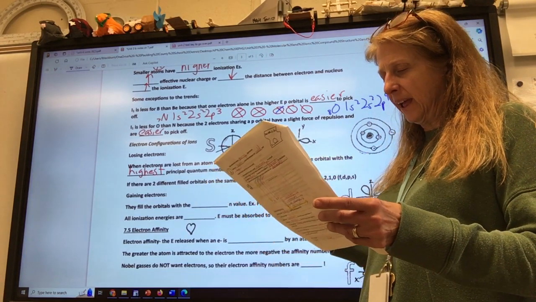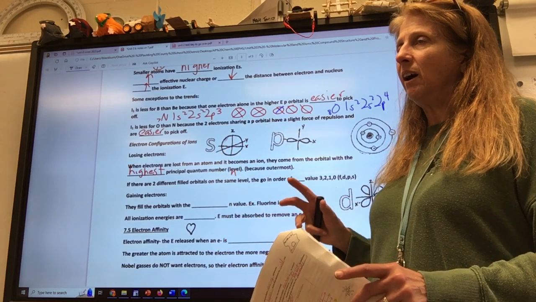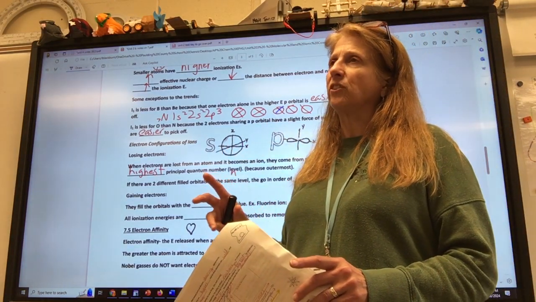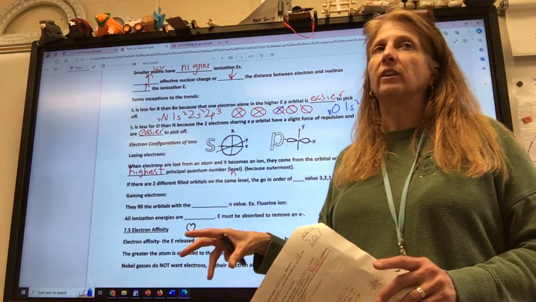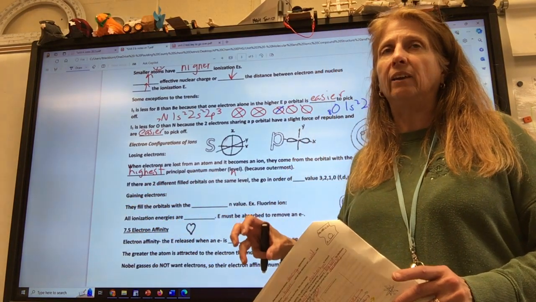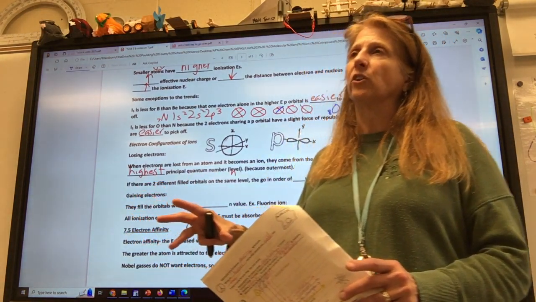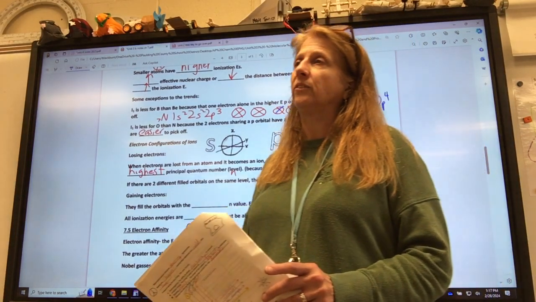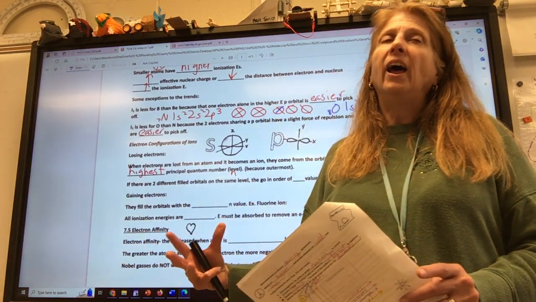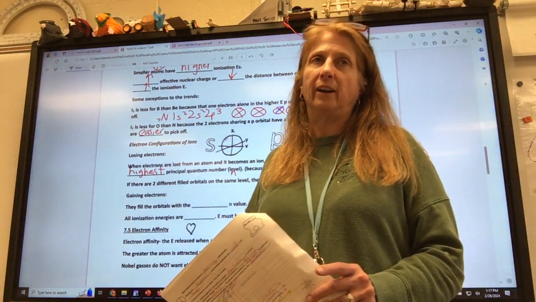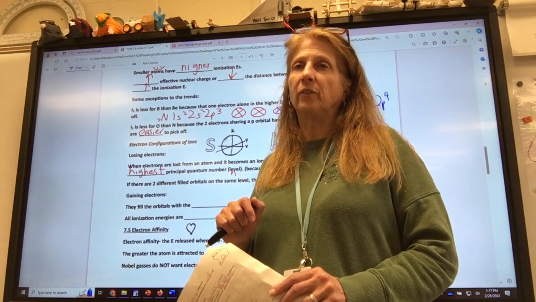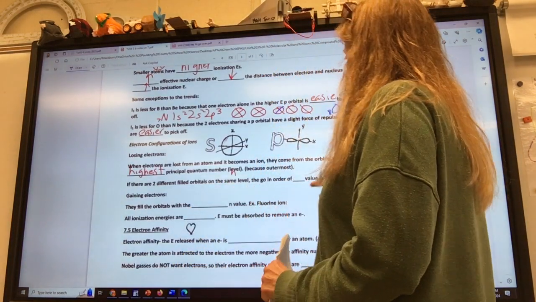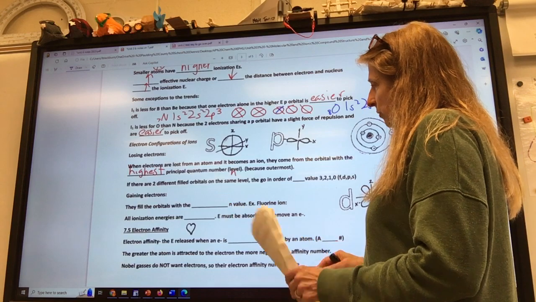And the reason has to do with the nucleus. The nucleus is pulling on these. That 3d is a little closer to the nucleus than that 4s is, and so it's going to hold on to it tighter. We good with that idea? Okay, so it's not just exactly reversed.